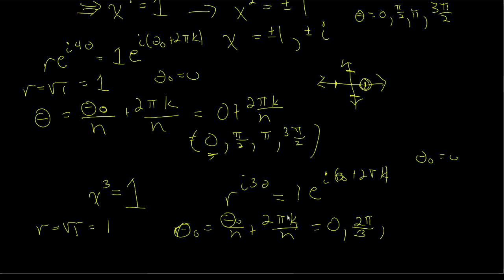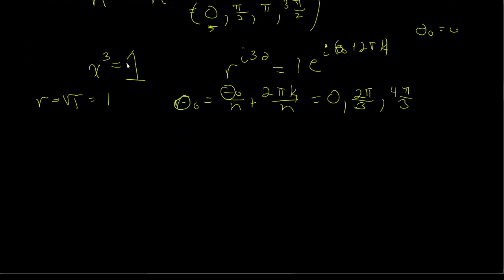And then we have to do 2, or 4 pi over 3. And what this shows us is x cubed equals 1 has a solution on the unit circle of 1, but it also has a solution of 2 pi over 3 and 4 pi over 3.